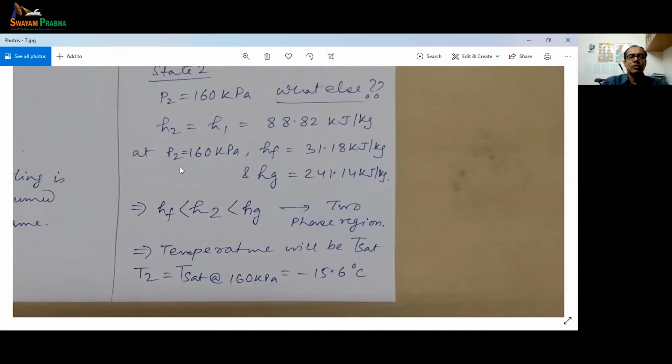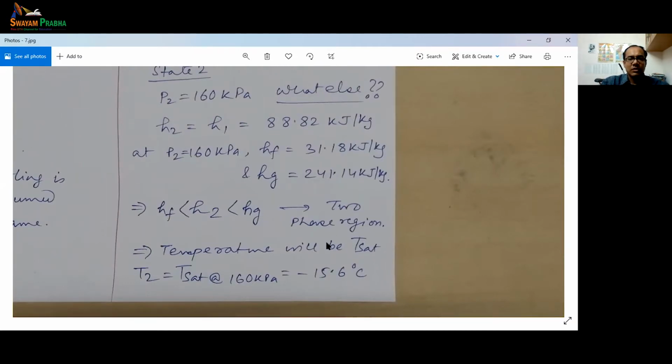At pressure 160 kPa we can look up the liquid specific enthalpy, that is 31.18, and the vapor specific enthalpy, that is 241.14.